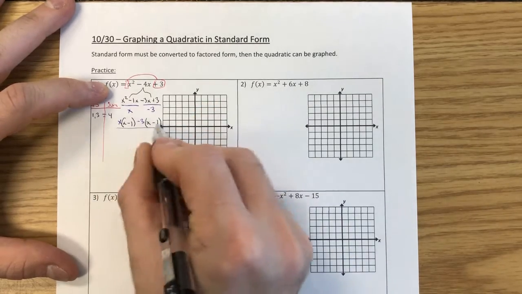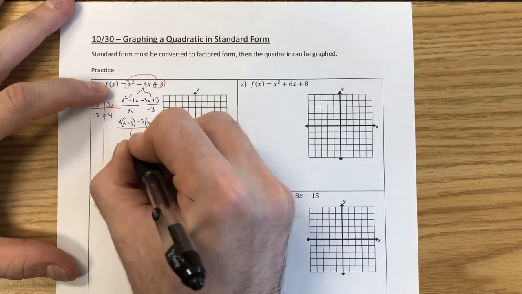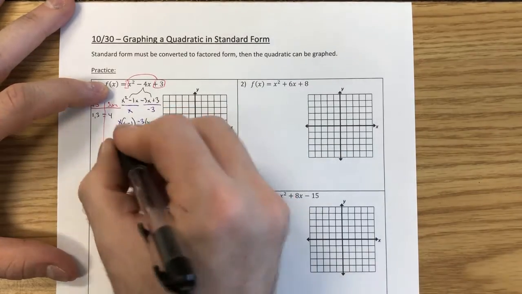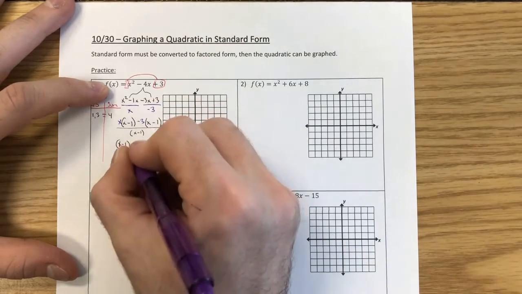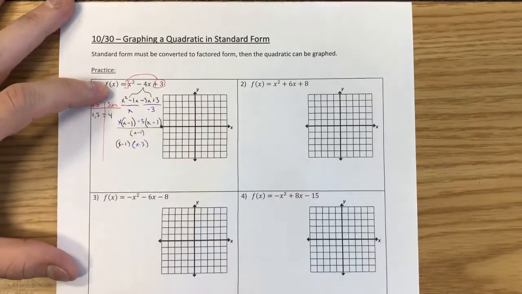And what we notice is that both terms, now that I've pulled out the GCF, both share an x minus 1. So I'm going to factor that out, x minus 1 times x minus 3.